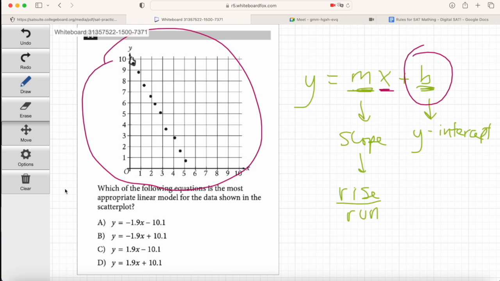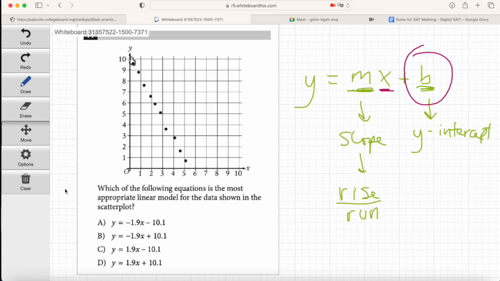So let's take a look at the answer choices, because just thinking in terms of the y-intercept, that b value in y equals mx plus b form, you should be able to start getting rid of some answer choices where the b value just isn't 10 or around 10. What answer choice can we get rid of right off the bat? All of them have a 10 in them.